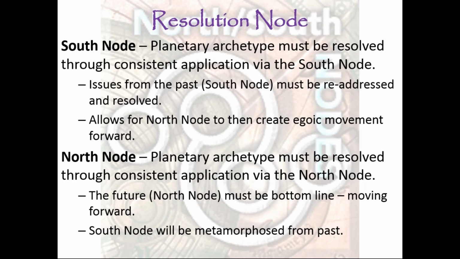Again, wherever that north node is by sign, house, aspects, planetary rulers, etc., that'll describe those details that the north node must consistently move towards and that planet must move towards. It's meant to go forward, not review the past. And when we do that, then the south node will be metamorphosed from the past.